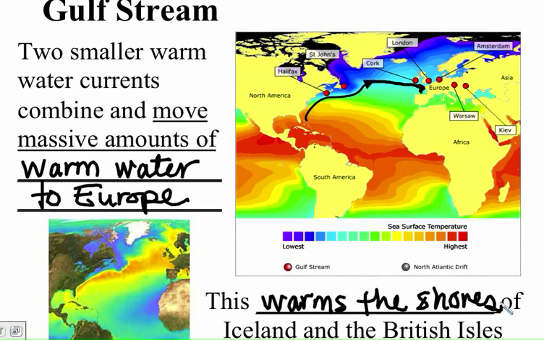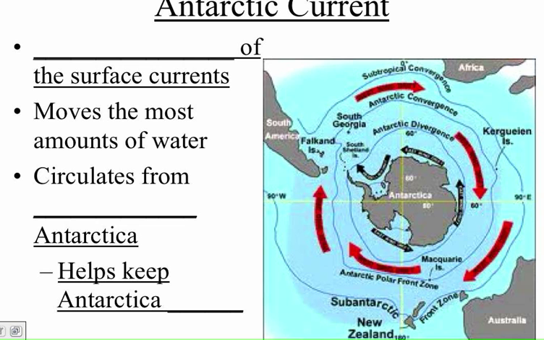The last current we want to talk about today is just the Antarctic current. It's basically circling around itself. It is one of the largest surface currents on the globe, and it moves the most amounts of water circling around Antarctica here.